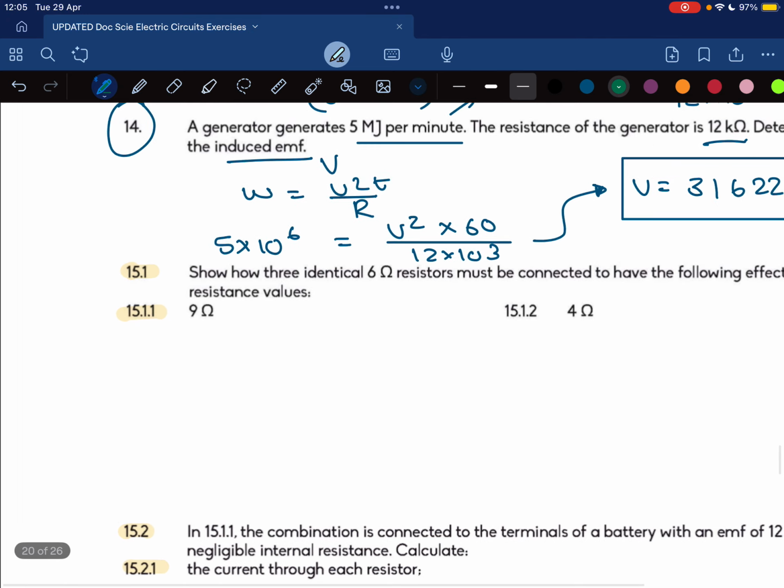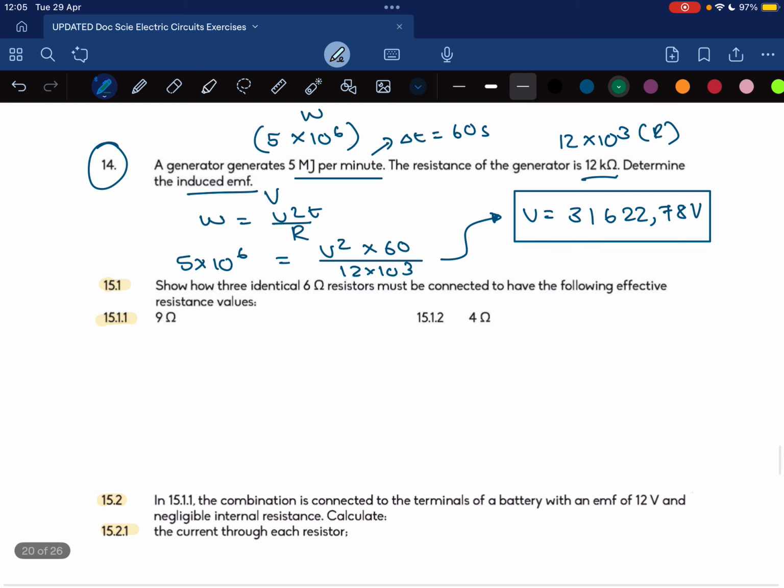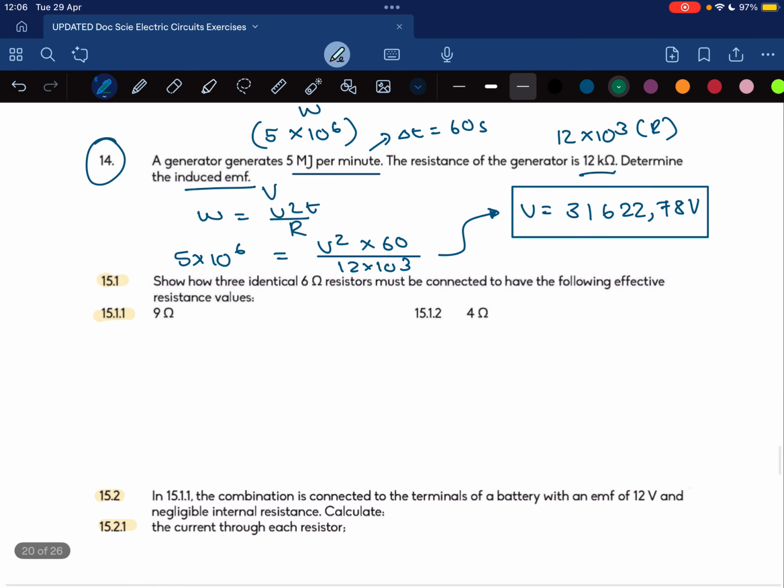These questions are going to be based on more combination circuits, but now we're going to look at what happens when we use these combination circuits as well as power calculations. So we need to look at a combination of both of them. These are kind of the most advanced questions you're going to be asked, besides the exam questions.